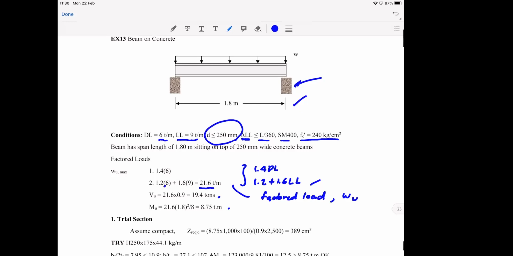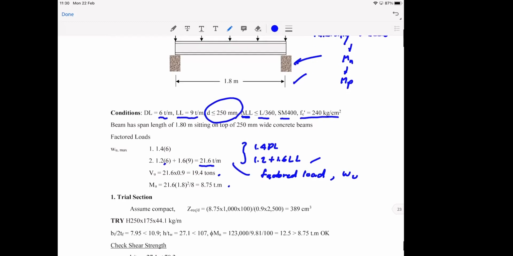And this beam is, let's say, laterally braced by the floor. So you can say it's laterally braced. So that means your Mn is going to be equal to Mp, right? As usual. And we begin the design by assuming that we are going to have the compact section.